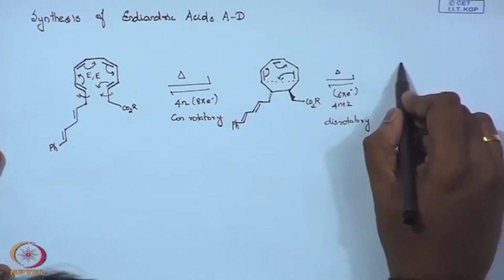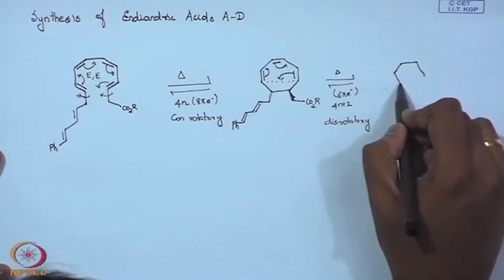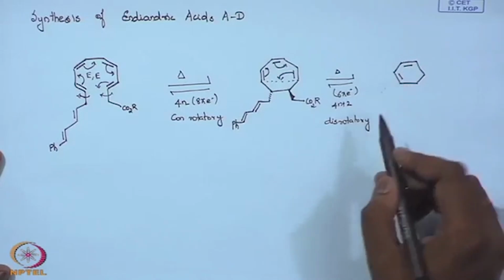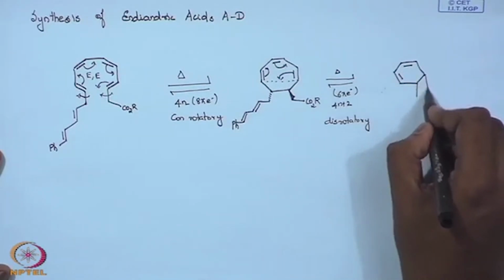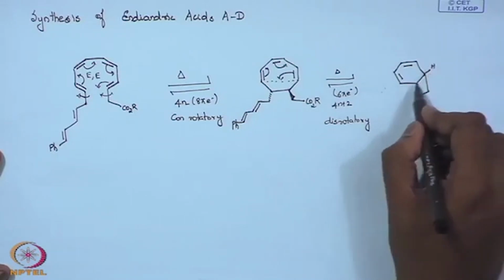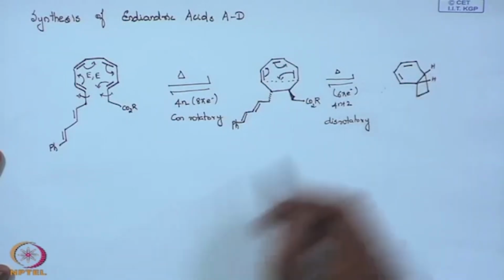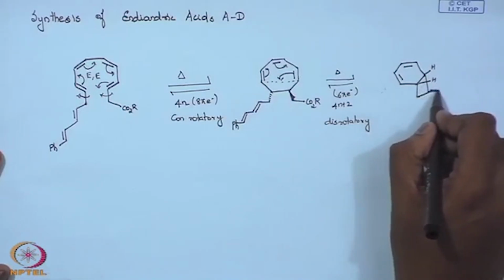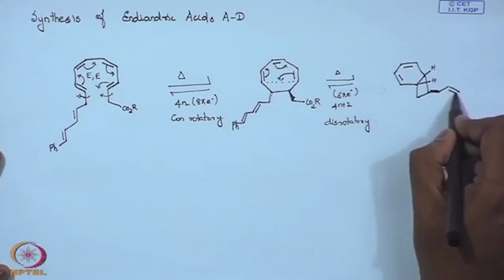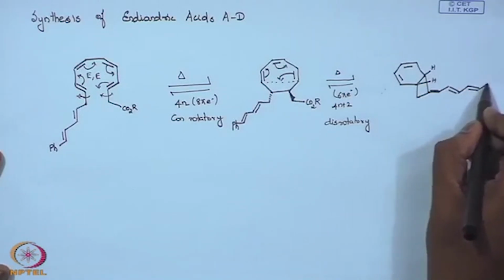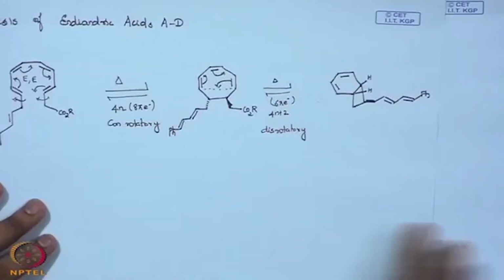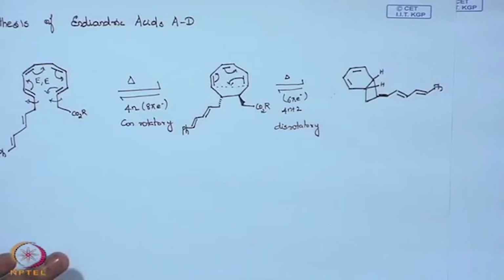So if I draw it, you will have this. So my hydrogen will be out, right? And then I have my, this is my part. I have a phenyl here, okay. I have a phenyl here now, it's clear.